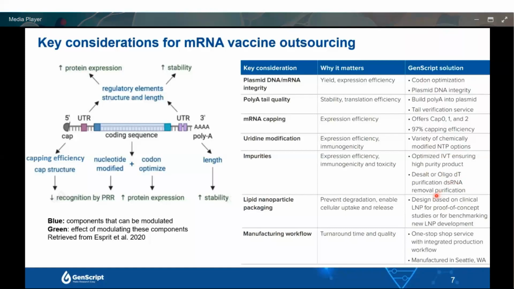And the lipid nanoparticle packaging is the last step to package the mRNA. We also give you different options. And this is the whole workflow. We can give you a one-stop solution. The manufacturer location is in Seattle. Okay, so this is about the mRNA key considerations.